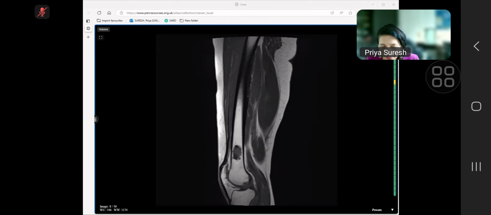But you were absolutely right in saying there's no endosteal scalloping, and there is no marrow edema around it.